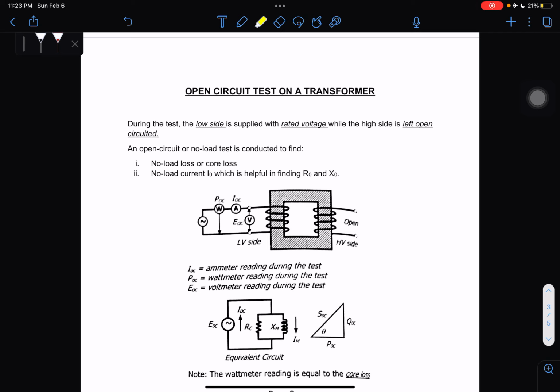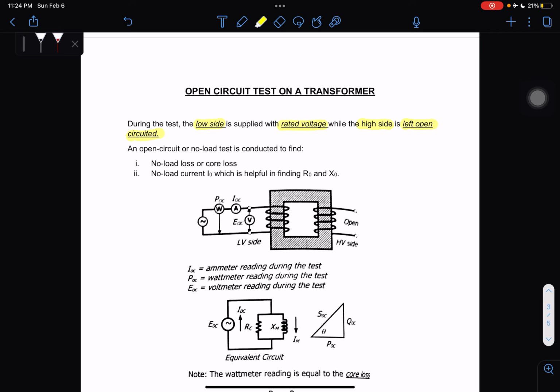This test is used when the low side is supplied with a rated voltage while the high side is left open circuited. So, it is clear: in the open circuit test, the low side is given a rated voltage and the high side is left open circuited.